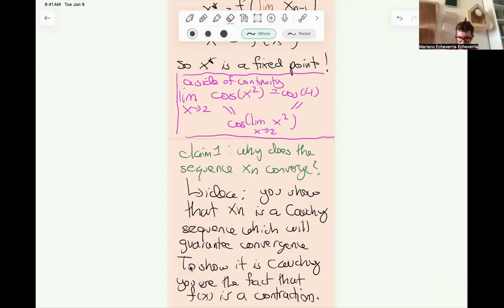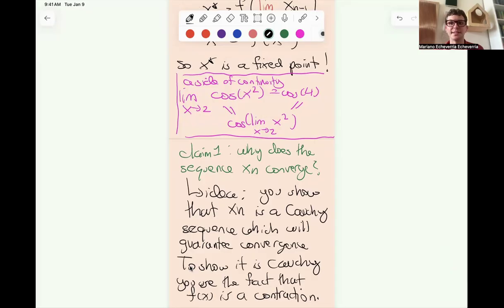But again, I won't give more details than that because that is a bit more advanced. It does require being more comfortable with sequences and proving inequalities and things like that for sequences.